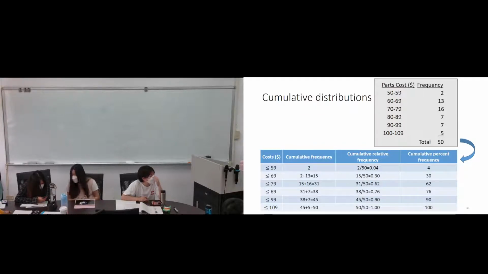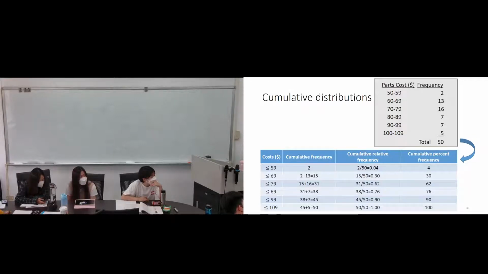Questions? So the cumulative frequency for the second class, anything up to $69, is 15. Then the cumulative relative frequency is 15 over 50, that's 0.3.